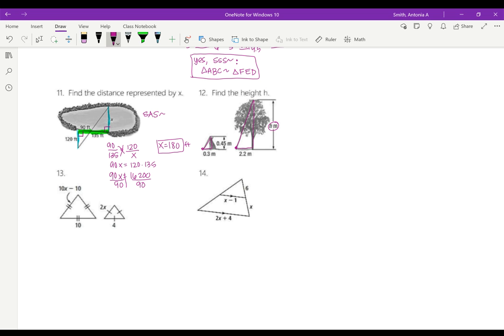So we're going to set up our ratio. 0.3 meters is the distance from the corner to the cat. So that goes with our 2.2 meter. And then the height is 0.45 meters to H, what we're trying to find. So we can cross multiply. 0.3 times H, 0.45 times 2.2.